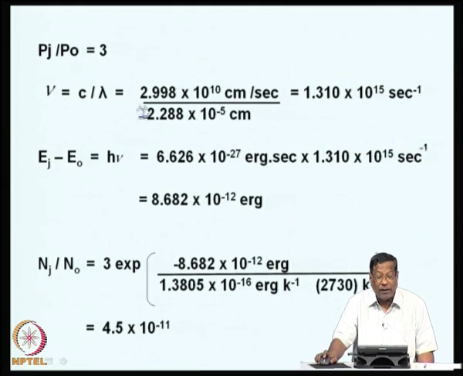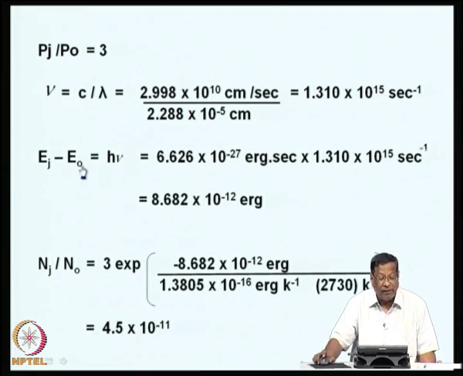So, we can convert this wavelength into frequency, that is frequency is c by lambda, that is 2.998 into 10 raised to 10 centimeters per second divided by 2.288 into 10 raised to minus 5 centimeter, that is the wavelength. So, we get approximately 1.310 into 10 raised to 15 seconds inverse.